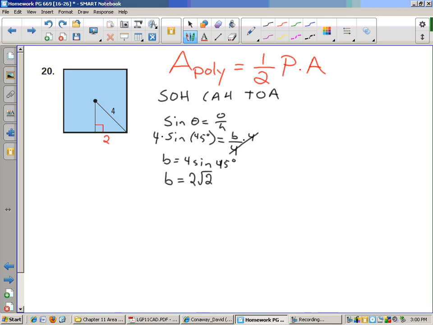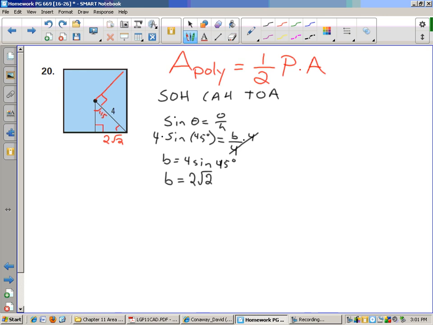I mean, if this side down here is 2 root 2, and this was 4, and we already said that this was going to be 90, and this was 45, right? Can you tell me what kind of triangle we have here? They are isosceles. Why are they isosceles?